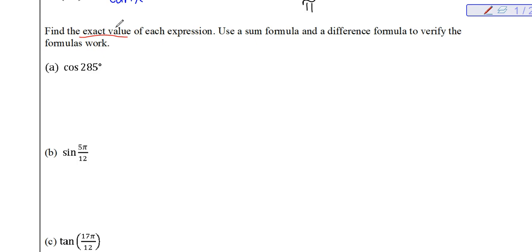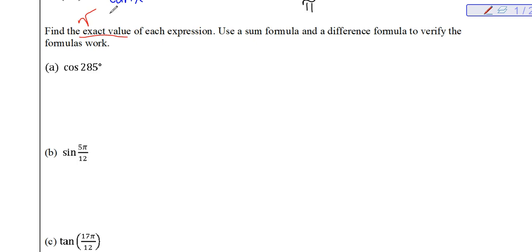You're going to want one of those calculators that'll give you answers in radical form. Usually when you see find the exact value, that means that your answer will probably have a square root in it somewhere, right? And so what we're going to do, we're going to find the exact value of the cosine of 285. Not with the calculator.